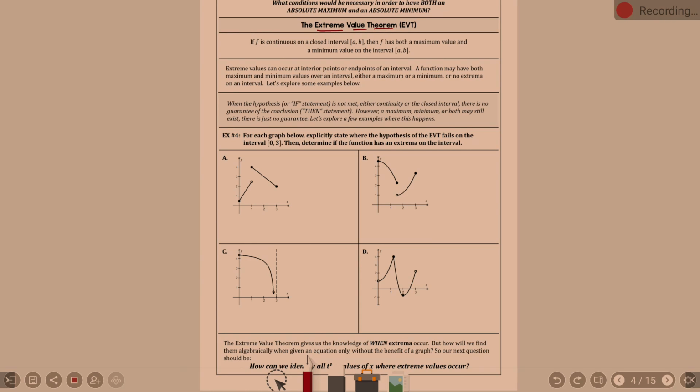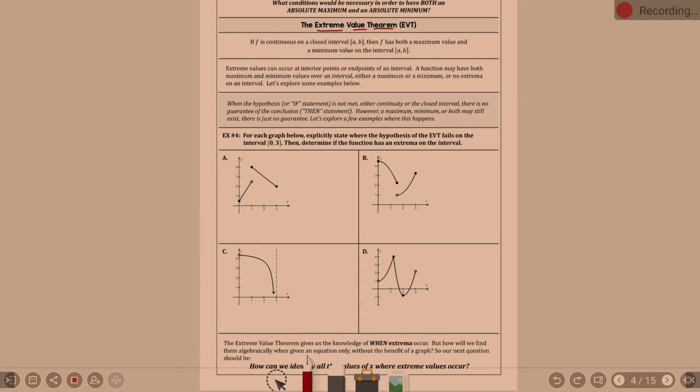So, EVT on some interval. Who knows what the graph does? Does it go up and down? Does it just do one big loop, or one big hill or valley? But the deal is there will always be some max and some min. Now, could that max or that min be a starting or ending point?